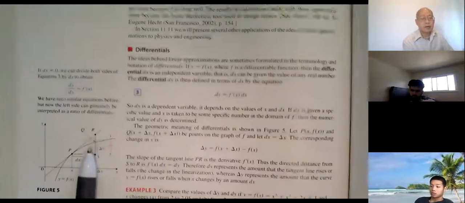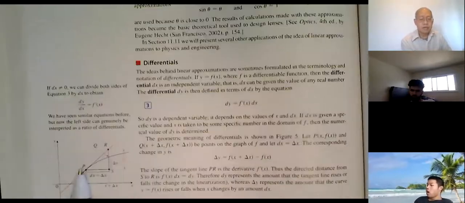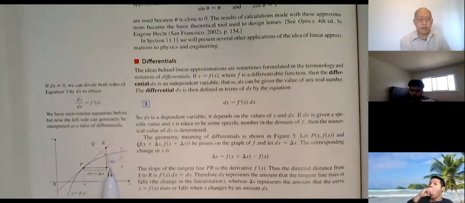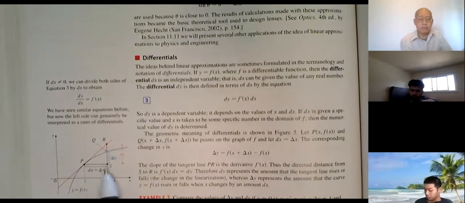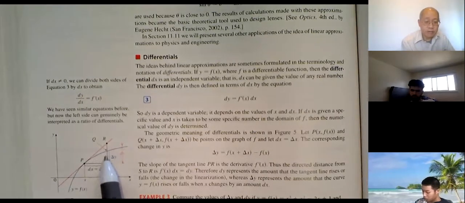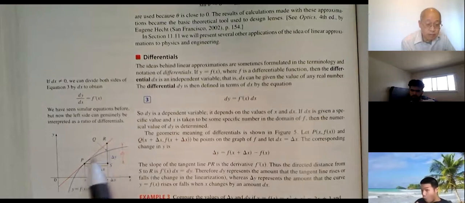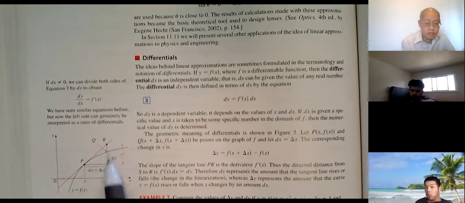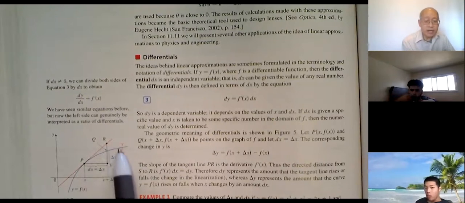Now, pictorially, this shows you the difference between delta y and dy. Delta x and dx are going to be the same in this picture. Delta y is the actual change in the function values. So if you go along the blue curve, this would be delta y. dy is the change if I went along the straight line.